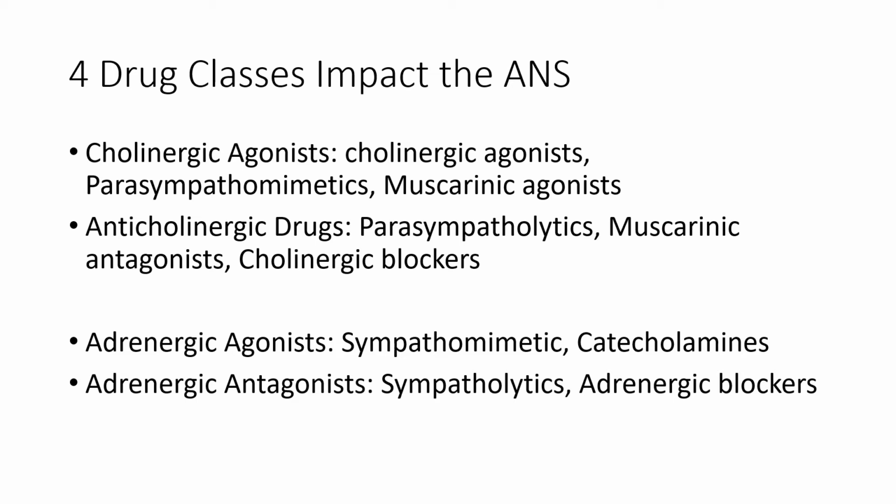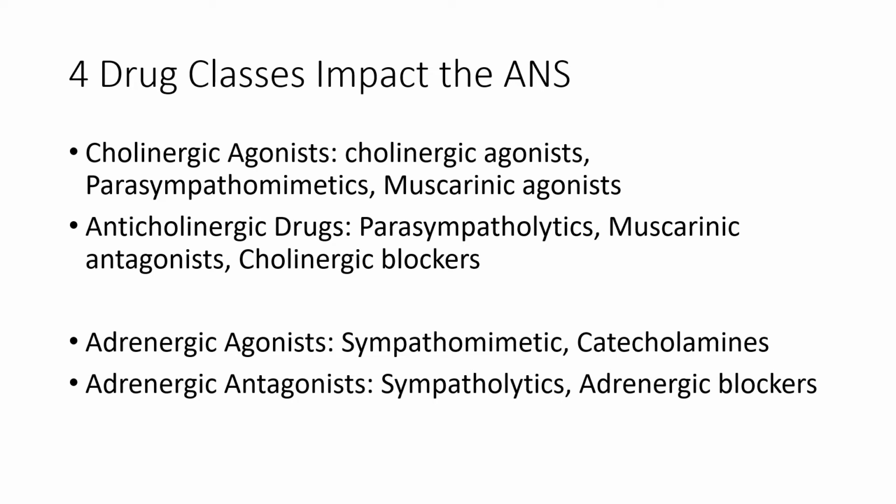Now, what about a sympathetic system blocker? That's an adrenergic antagonist, or a sympatholytic, or an adrenergic blocker. Okay, so they all have the same meaning. You'll see them used a bit interchangeably. Just know that there's 4 drug classes, but know the different names of them too, because they can confuse you with a question that says, a muscarinic agonist is.